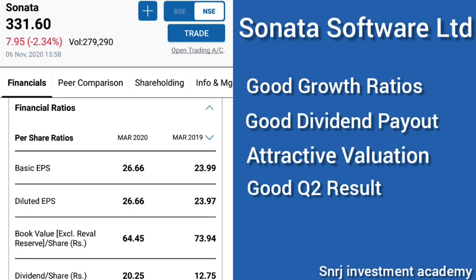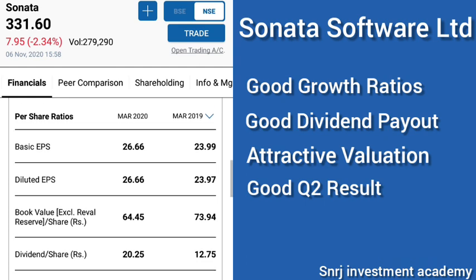Out of that, they have given a dividend of 20.25. So the company is basically giving good dividend, the majority of their earning they are giving as dividend, and the shareholders are benefiting through this dividend.